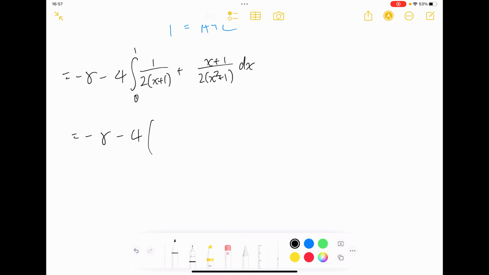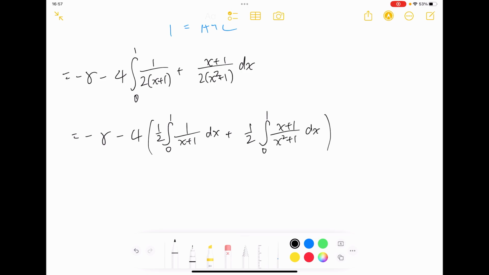So we're going to split it up into 2 integrals. So a half times the integral of 1 over x plus 1 dx plus, let's do a half as well, times the integral of x plus 1 divided by x squared plus 1 dx.